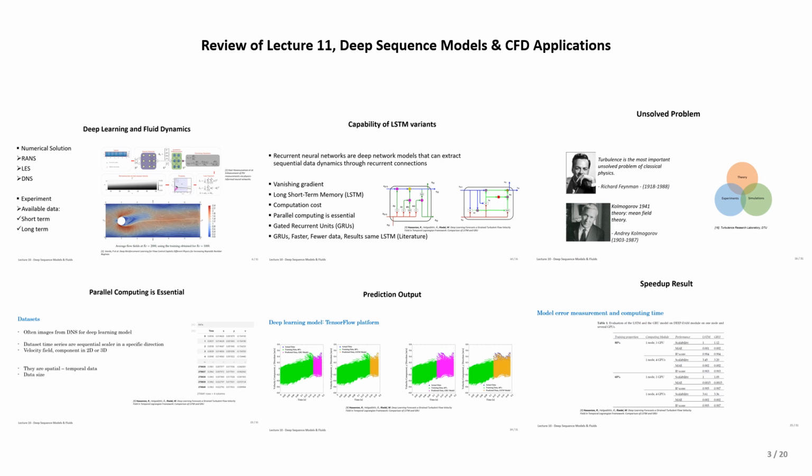Lecture 11 practically showed the capability of deep learning models like LSTM, that they are able to make some reliable predictions in turbulent flow, which is one of the unsolved problems in physics so far.